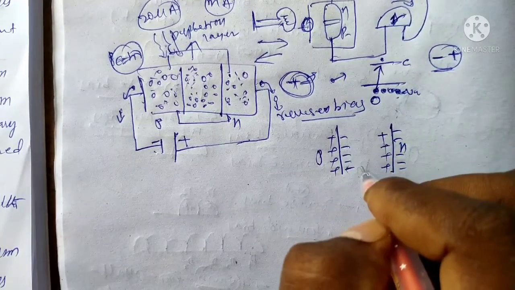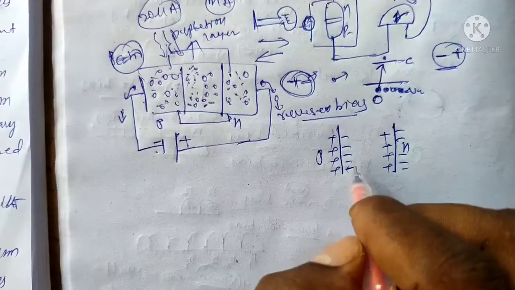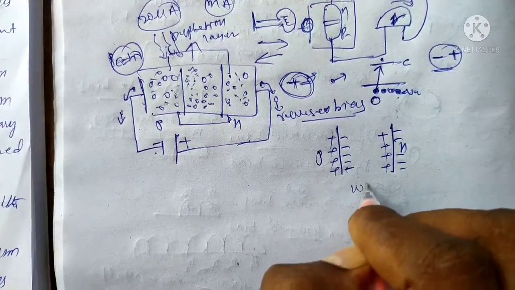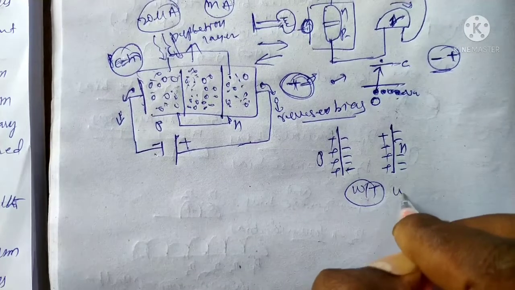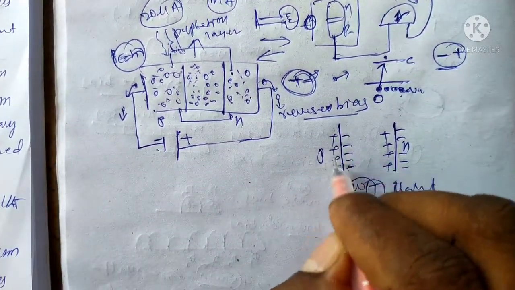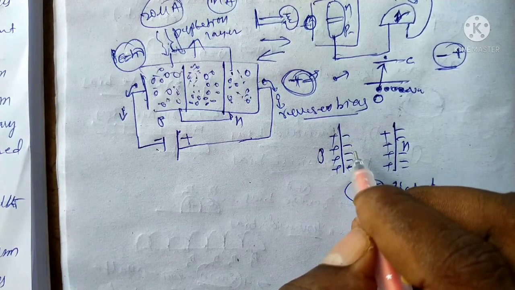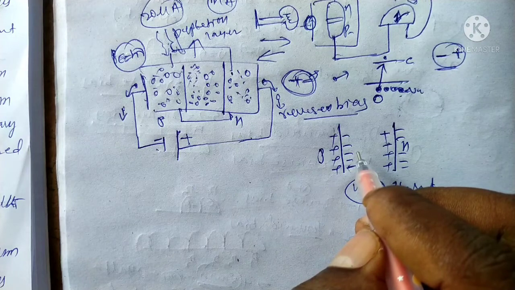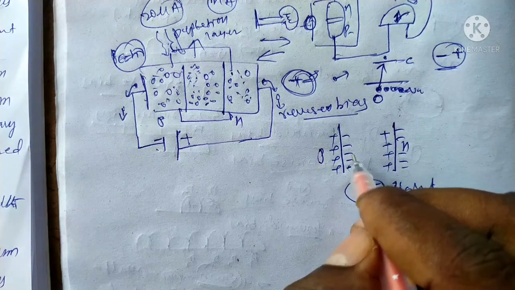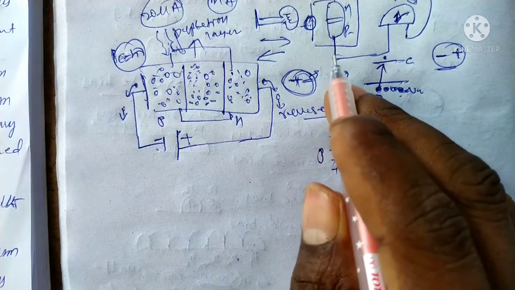Without light, when no light falls on the depletion layer, the layers are still formed. This is also explained in reverse bias and forward bias: the depletion layer forms due to the electric field. The same phenomenon appears in the photodiode.